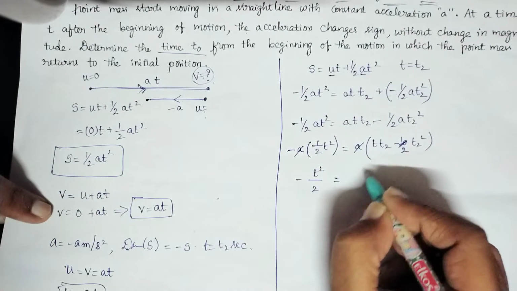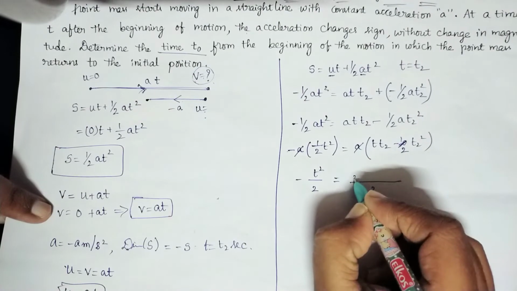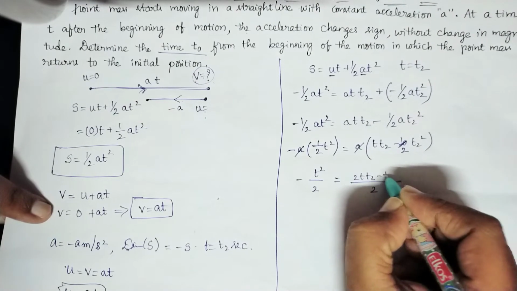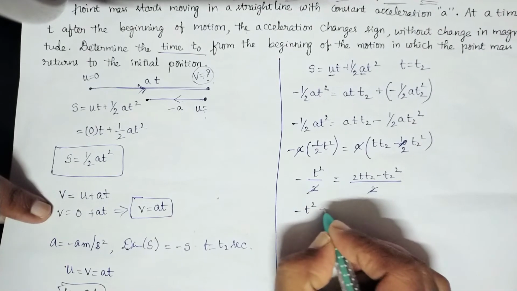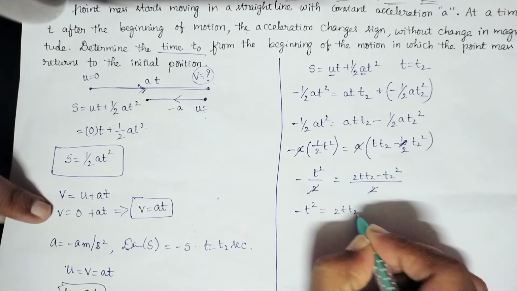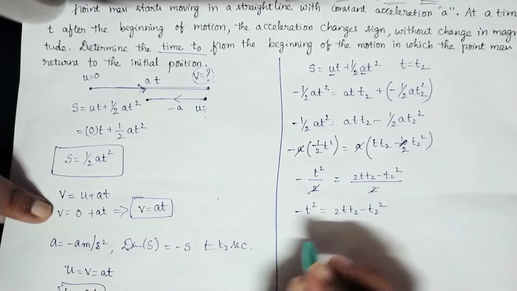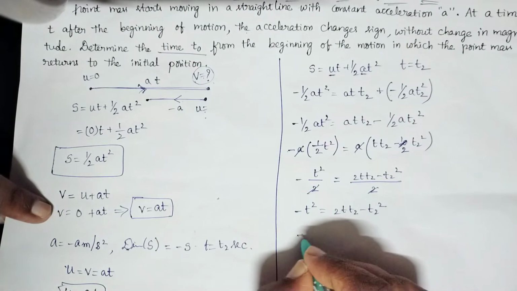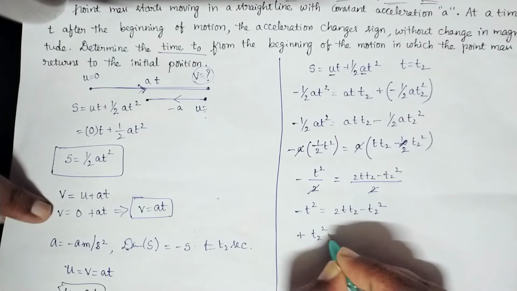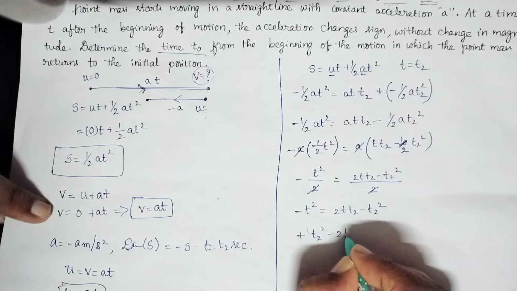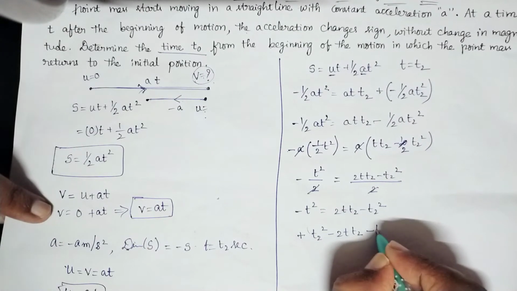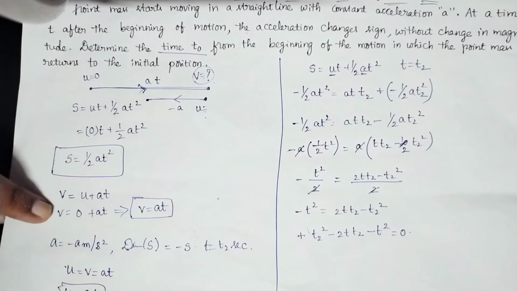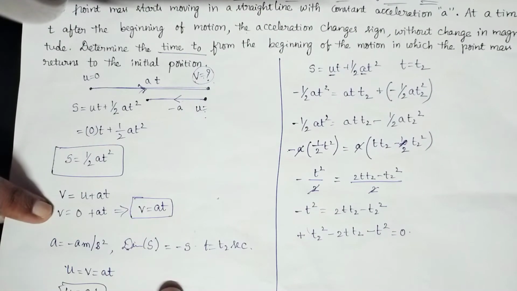Minus t square by 2 is equal to, with LCM 2, 2t t2 minus t2 square over 2. The 2 gets cancelled. Then we get t square is equal to 2t t2 minus t2 square. Taking this to the other side, we get t2 square minus 2t t2 minus t square is equal to 0. Now we have to find the t2 value.